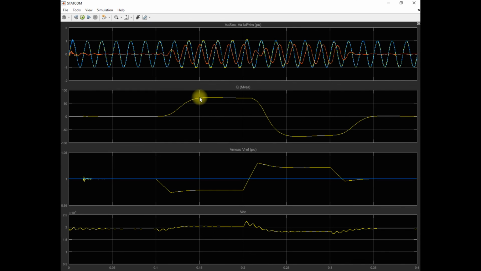So by the injection of the reactive power into the system, it can maintain the voltage near to this 1 per unit. So now at the same time you can see that the DC link voltage also increases. It means that the STATCOM absorbs the reactive power from the system to maintain the DC voltage at its rated value.